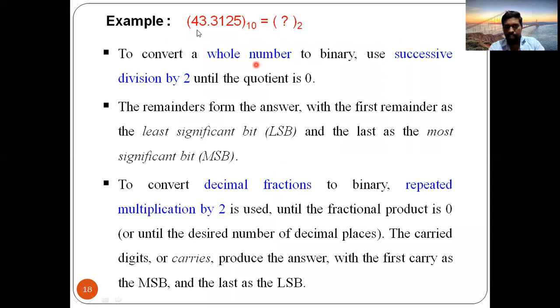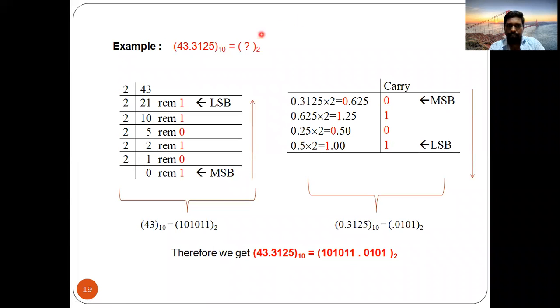Here we have 43 as the integer part and 0.3125 as the fractional part. When this is the condition, how to convert a decimal number into any base? Right now the given problem's base value is 2.